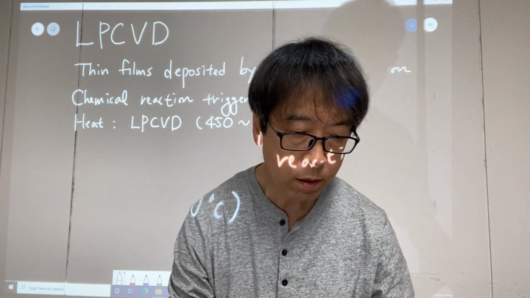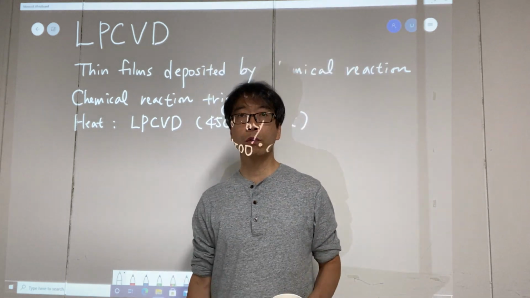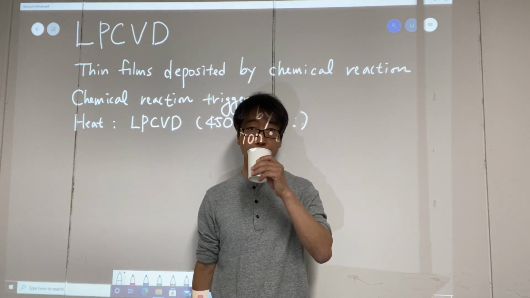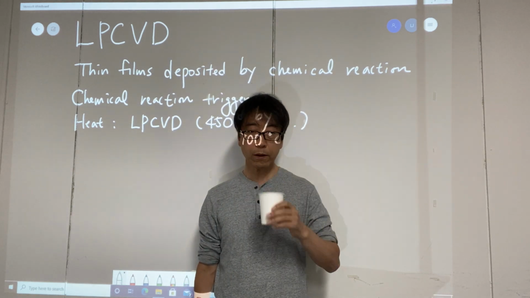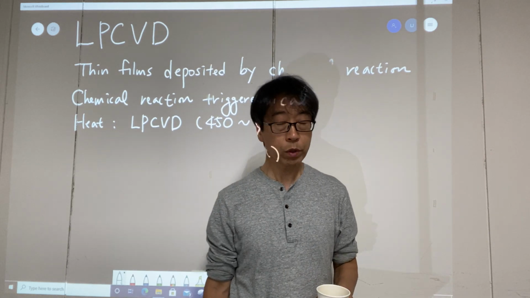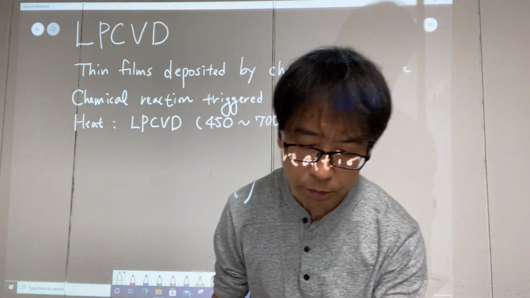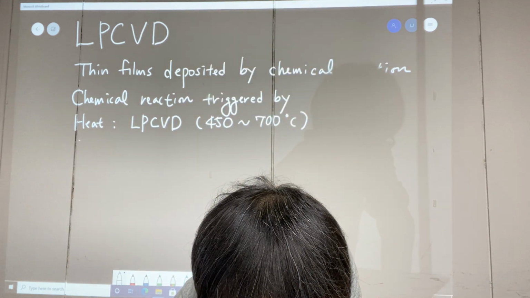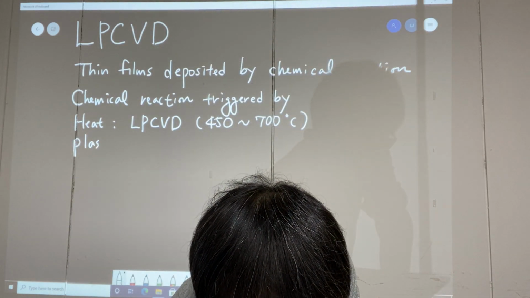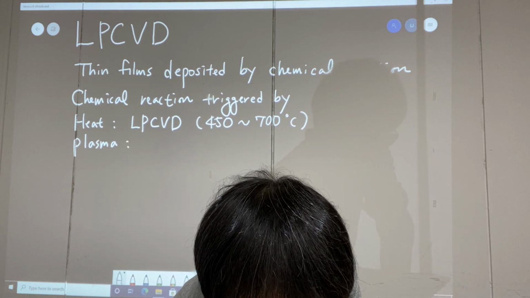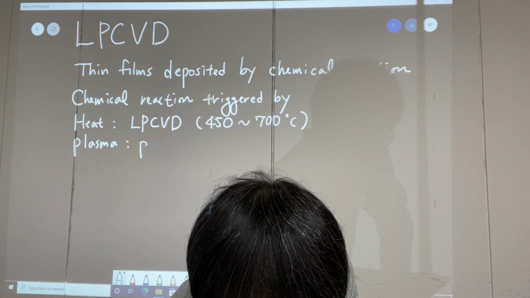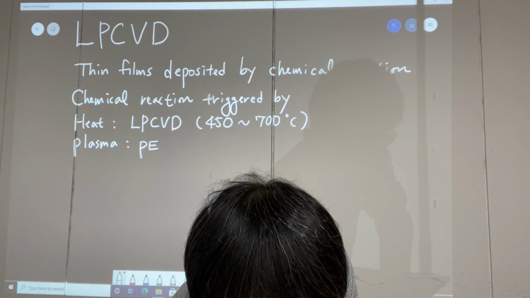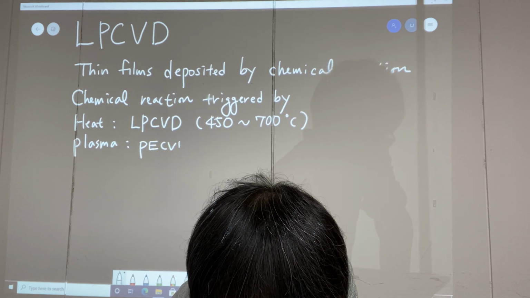And in some cases, you don't want to elevate the temperature too much, because of the reasons that we'll think about from now on. In that case, instead of heat, you can use the plasma to cause this chemical reaction to occur. In this case, we say we use plasma enhanced chemical vapor deposition.